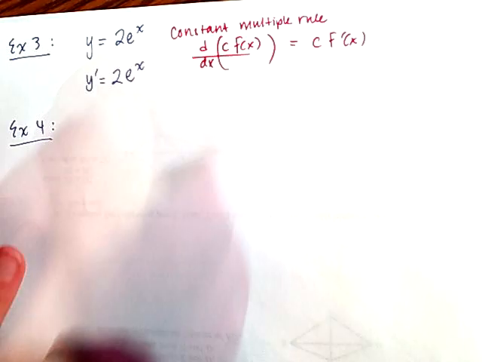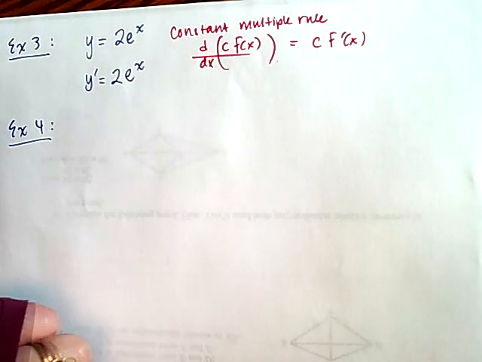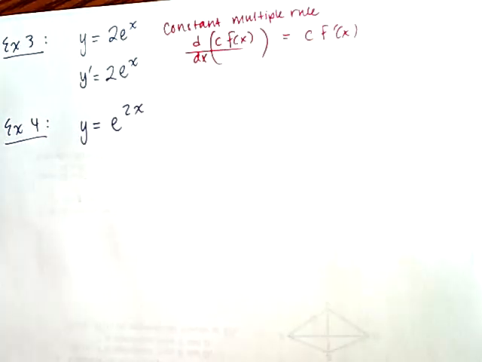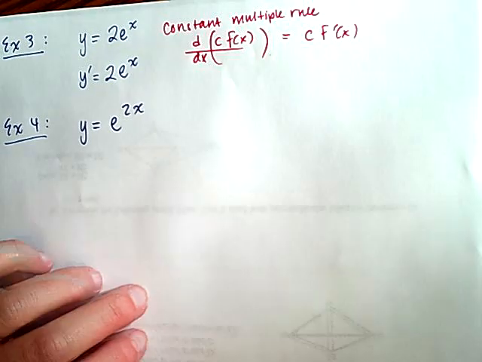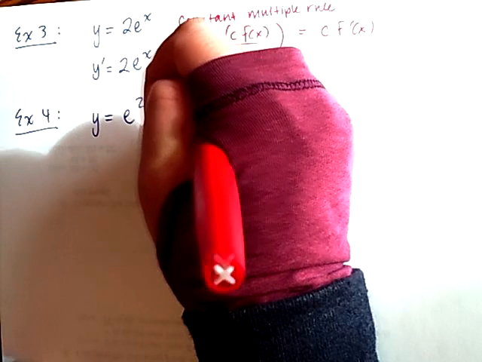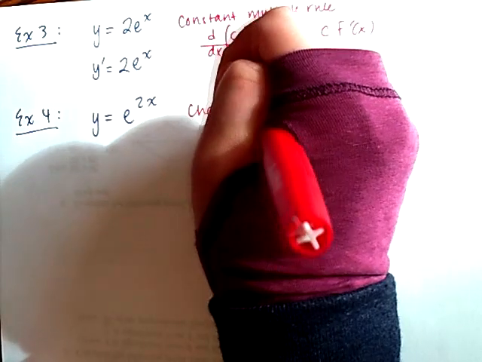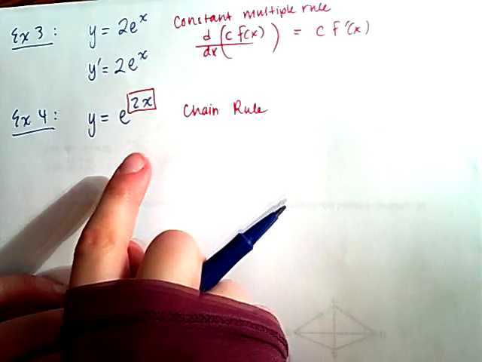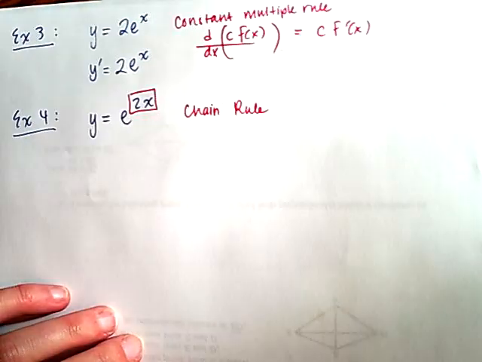So let's look at an example where it's a little bit more complex. This is y equals e to the 2x. So here, this is a chain rule problem. Right, where the inside function is this 2x, the outside function is e to the x.